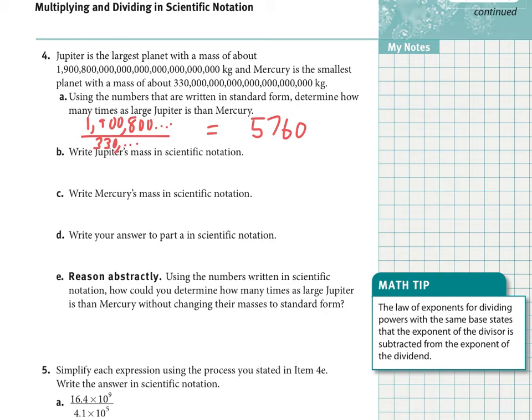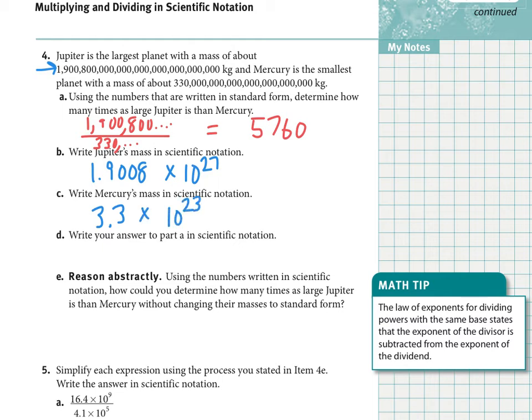So Jupiter's mass, this gigantic number here, I did the counting already. It's 1.9008 times 10 to the 27th power. Really, really big number. Mercury's mass is 3.3 times 10 to the 23rd power.